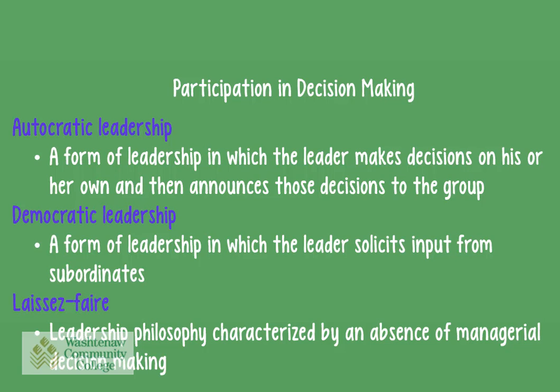They ask questions, they listen to responses, and they do this before they make a decision. So they involve the team in a decision making process. And then laissez-faire leaders, they leave it up to you. They give you the goal, they give you the objective, and they say, I trust you, so go at it. Whatever you choose or decide, I'm fine with.